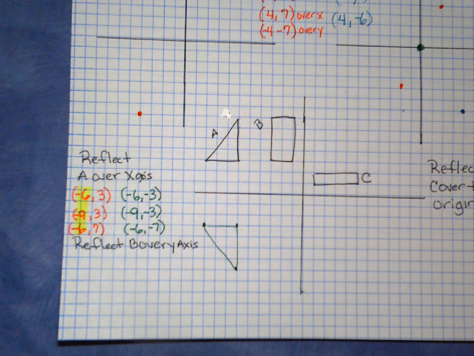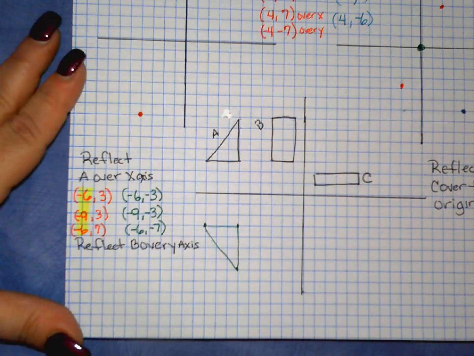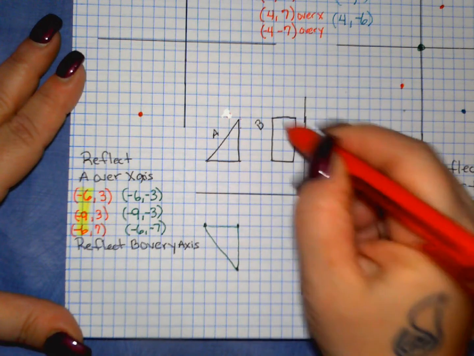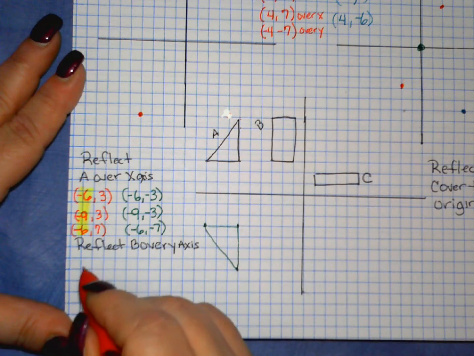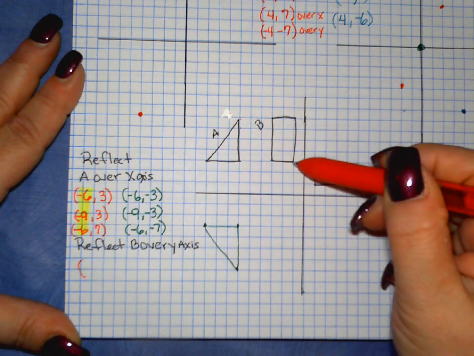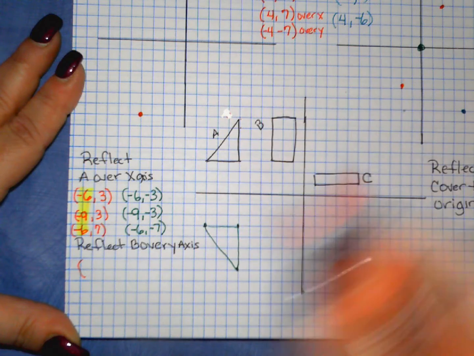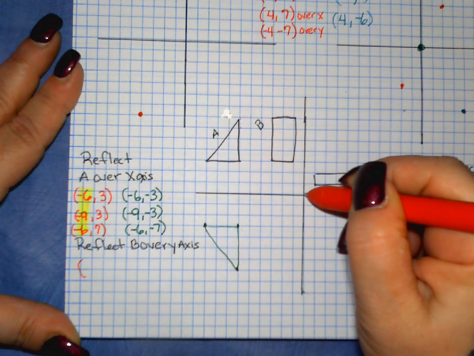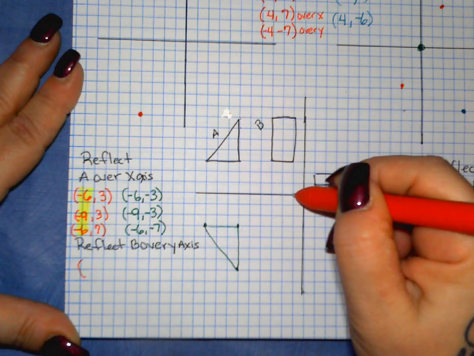Okay, then the next one, it says B. Reflect B over the Y. Okay, that's easy. B over the Y. Let's get all 4 points for B. First point, -3, 1. I'm sorry, that was terrible. -1, 3.